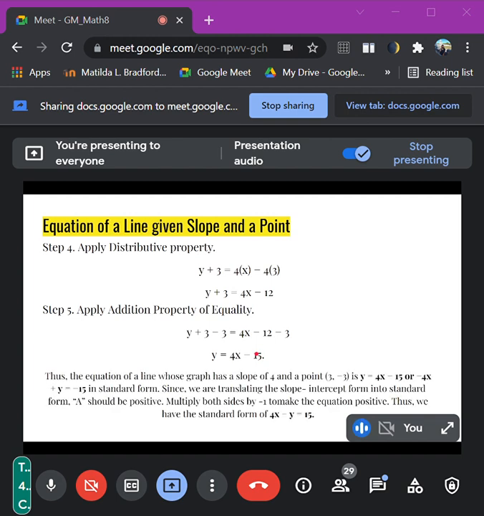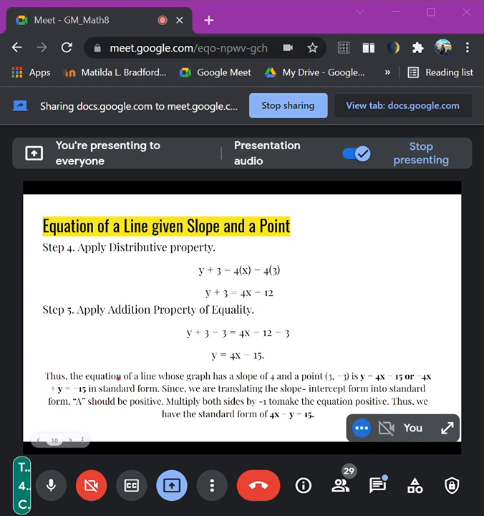So, we can say our equation of the line whose graph has a slope of 4 and point of 3 and negative 3 is y is equal to 4x minus 15, or negative 4x plus y is equal to negative 15.